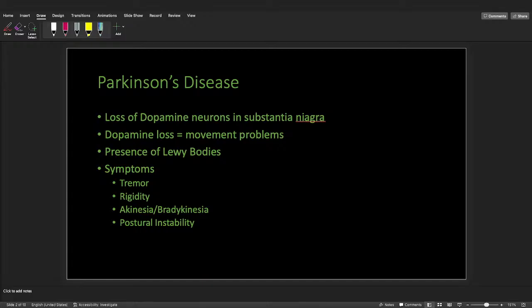There needs to be a balance between excitatory and inhibitory actions in the brain, and Parkinson's disease deals mostly with the basal ganglia, the little core part of the brain. But we'll get to that in later sections.